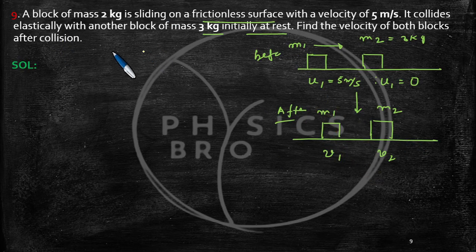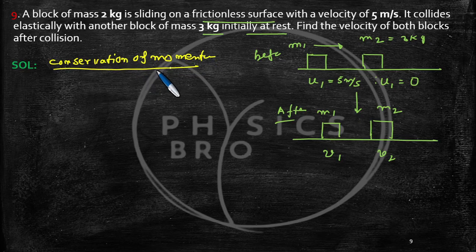So now we will use first the conservation of momentum. What does it say? It says that the initial momentum of the system is equal to the final momentum of the system. So what is the initial momentum?